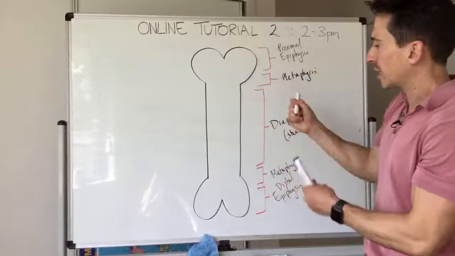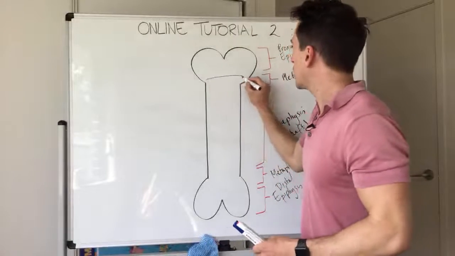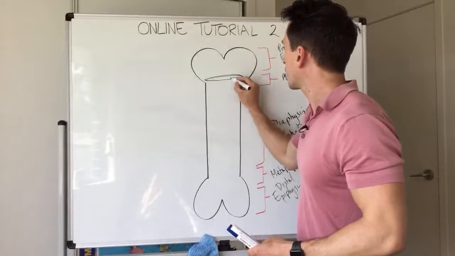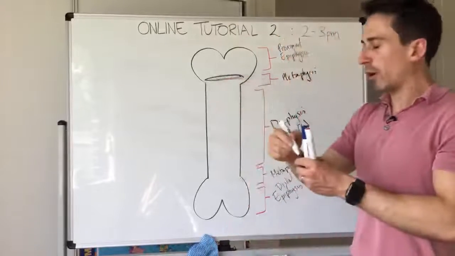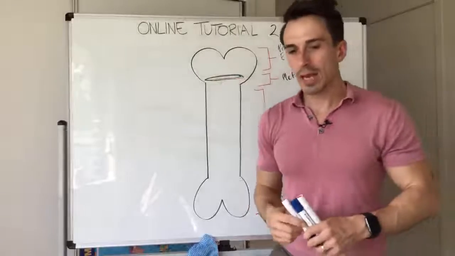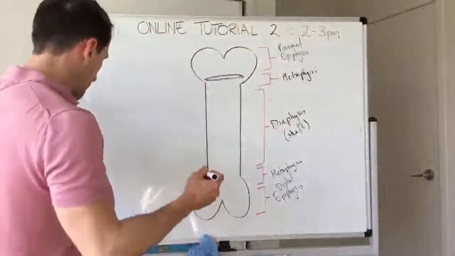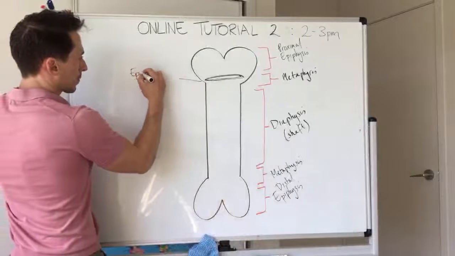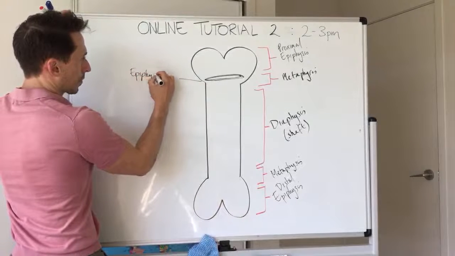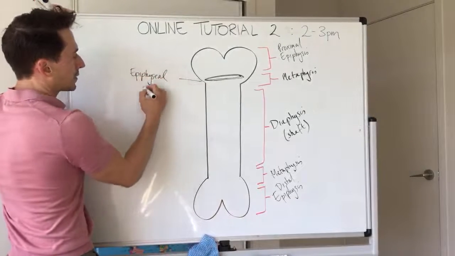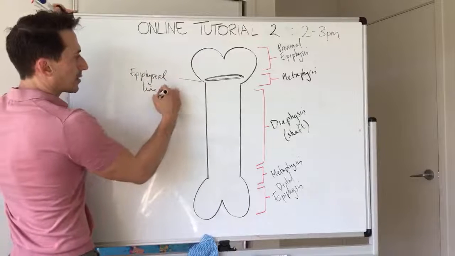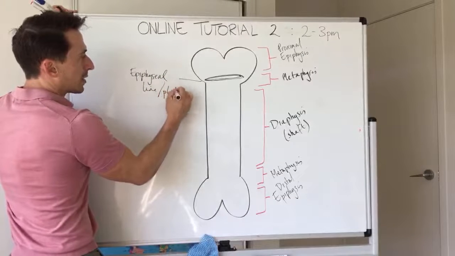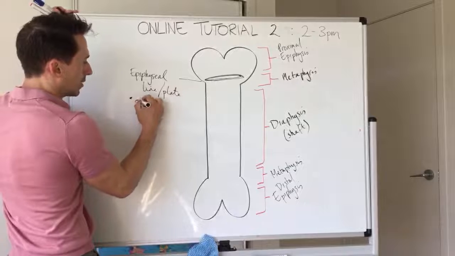However, there's some more. For example, you may find a region on the long bone up here, which I asked you to label, called the epiphyseal line, sometimes known as the epiphyseal plate, sometimes known as the growth plate.